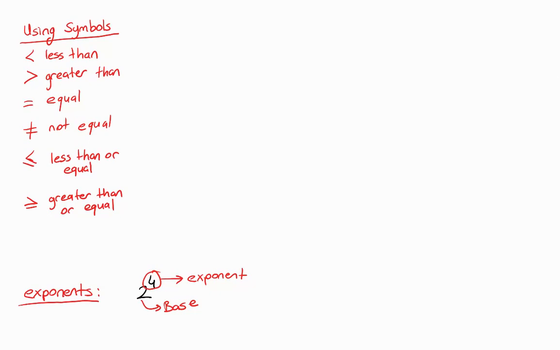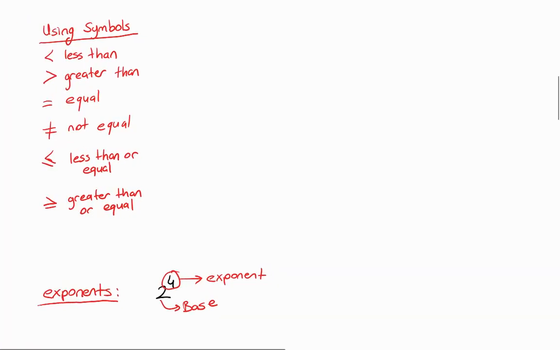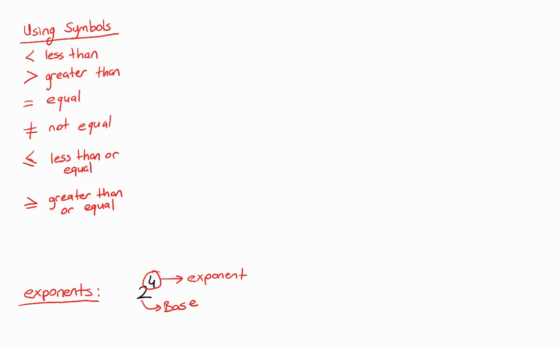So let's talk about some symbols and give some examples. The first symbol is less than. So 2 is less than 3. In algebra, we will see things like x less than 2 or y less than 3.